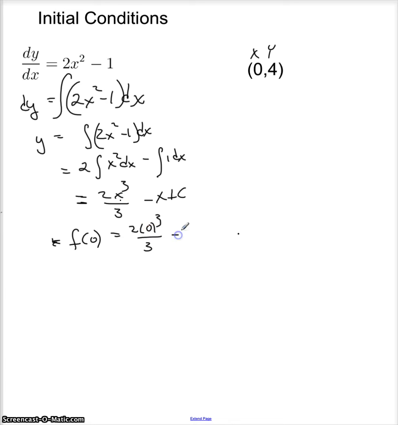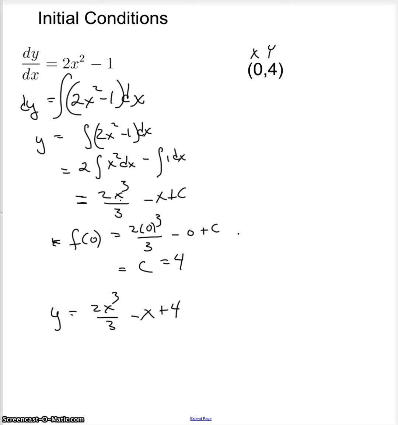You don't have to do this. So f at 0 is just my constant there. And I know that that is equal to 4. So my particular solution here is y is 2x cubed over 3 minus x plus 4.